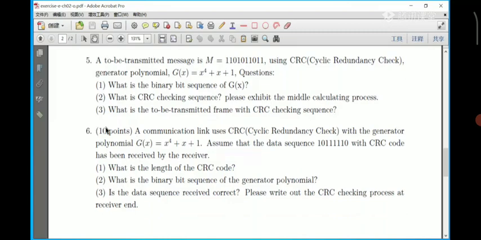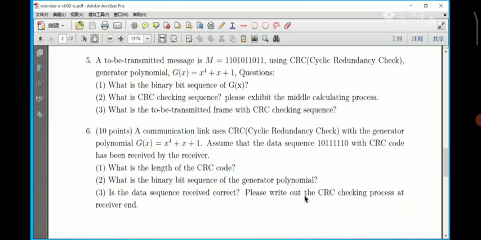But question 6 is if the receiver received a data sequence, then the receiver should determine whether the data sequence received is correct.